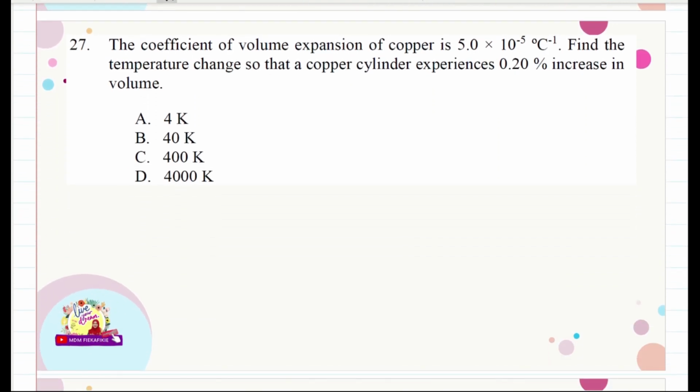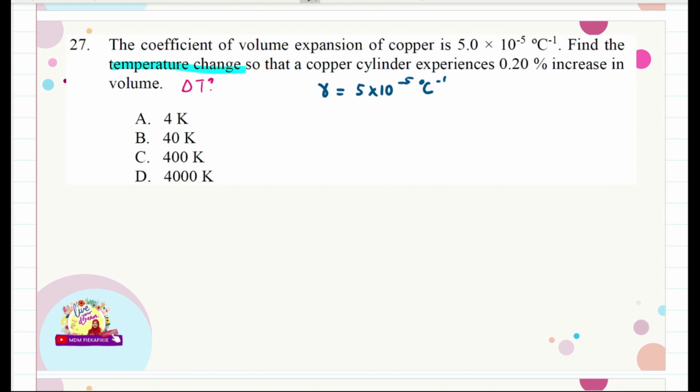So the coefficient of volume expansion of copper is given, which is gamma. It's given 5 times 10 power of negative 5 per degree Celsius. So find the temperature change. So we want to find delta T, so that a copper cylinder experiences 0.2% increase in volume.